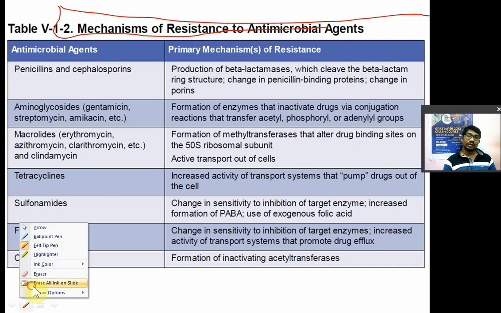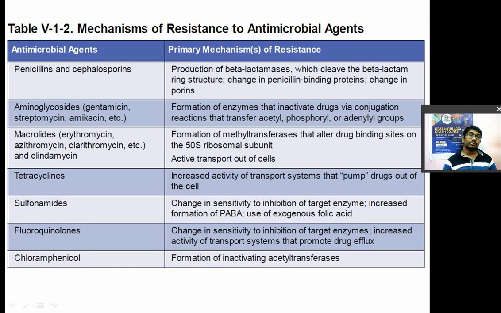So what are the different mechanisms through which bacteria develop resistance to penicillins and cephalosporins? First, bacteria will produce beta lactamase. Bacteria produce an enzyme called beta lactamase, and that beta lactamase opens the beta lactam ring and makes the beta lactam antibiotic ineffective.